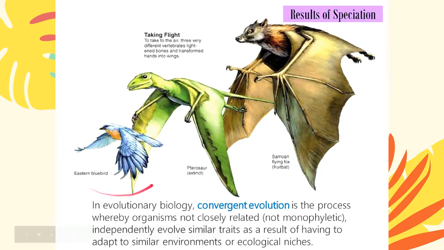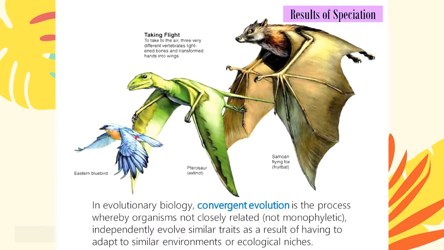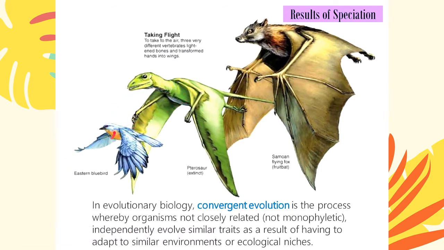So birds, okay, eastern bluebird birds, they are a different group from dinosaurs, although they could share a similar ancestor, but they're quite a different group. And this pterosaur is a different species or different group than Samoan flying fox.